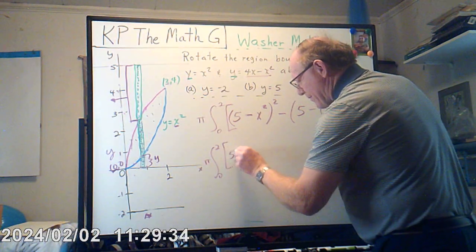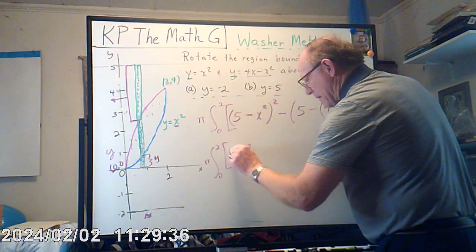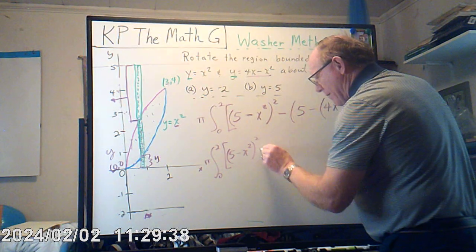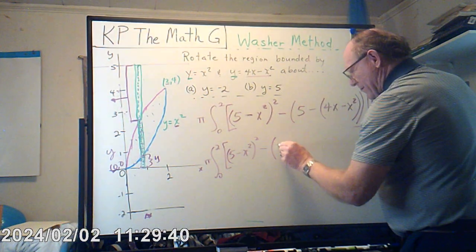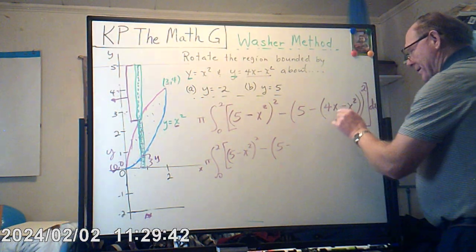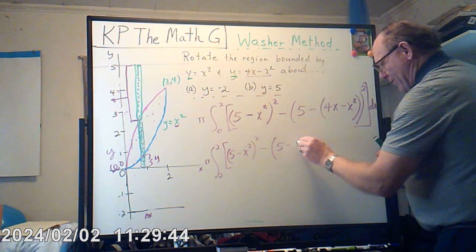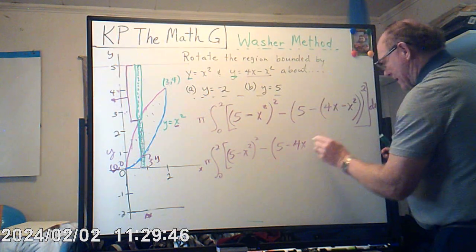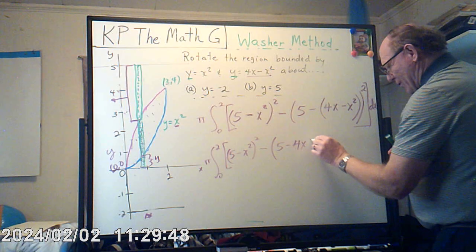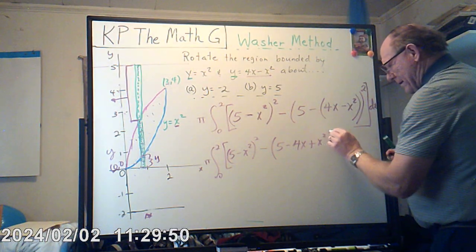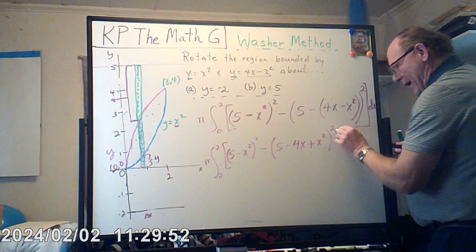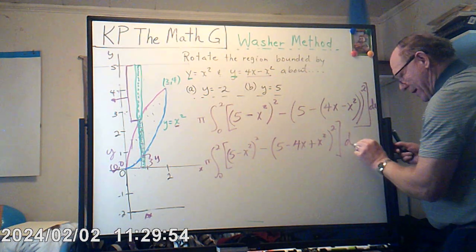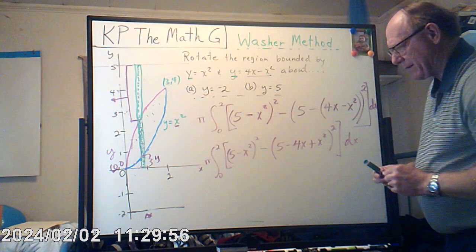5 minus x squared. And you're going to square that minus 5 minus. Now you can distribute that. 4x plus x squared. Now square that. Close it up. Delta x, or dx.